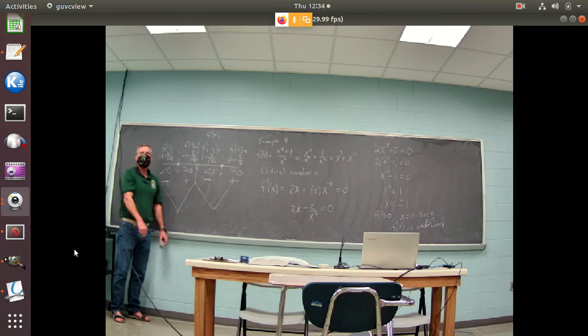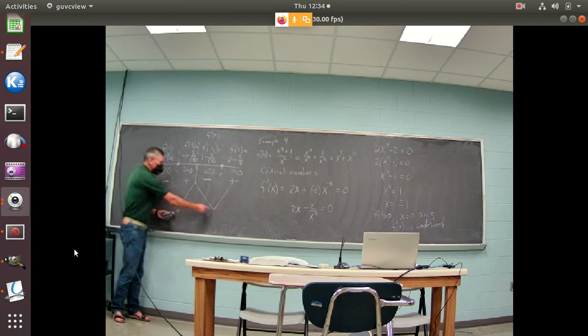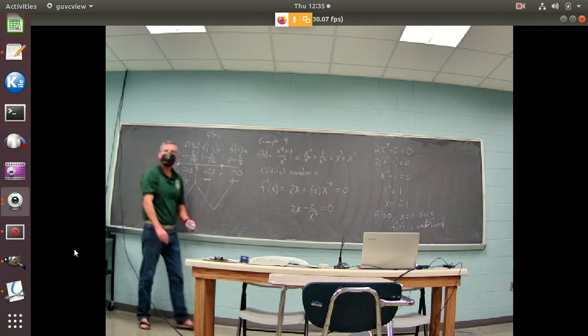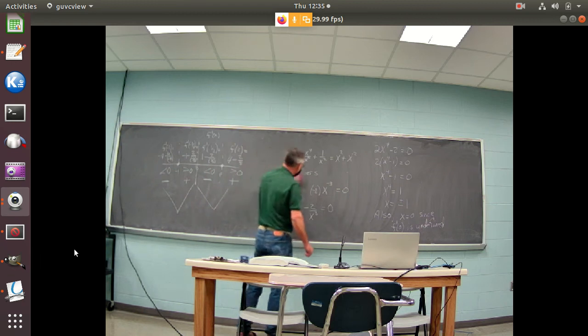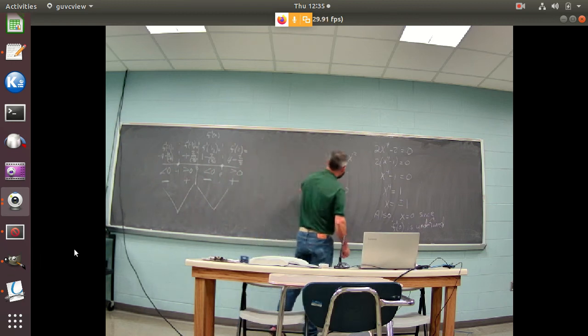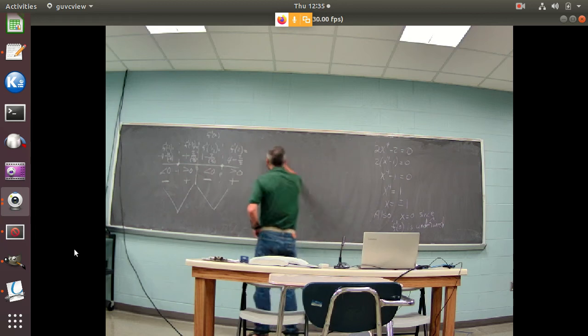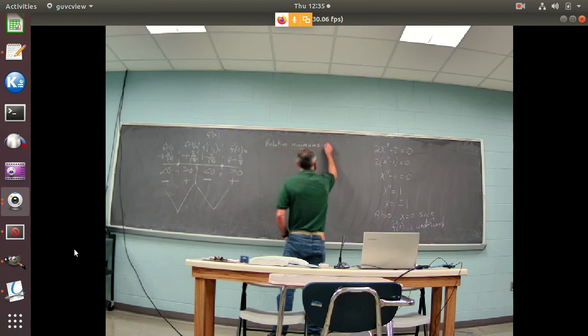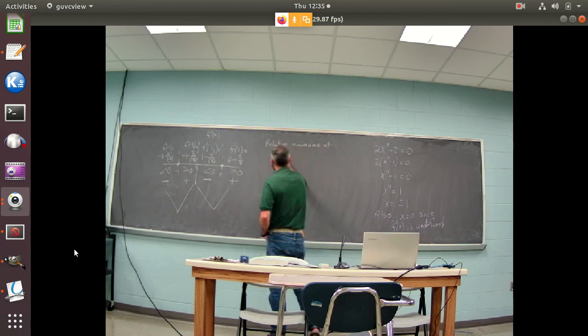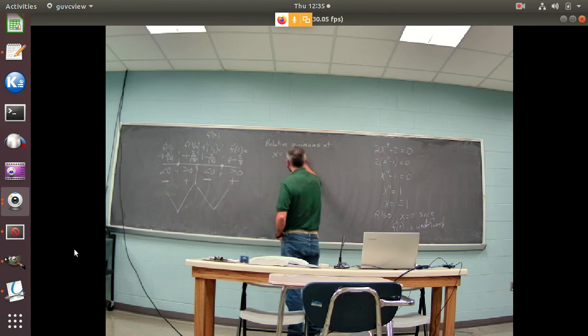So you've got to be careful. But the function is defined here, and we've got a slope coming down like that, and then going back up. We've got 2 relative minimums and no maximums. Okay, so relative minimums at x equal -1 and 1.